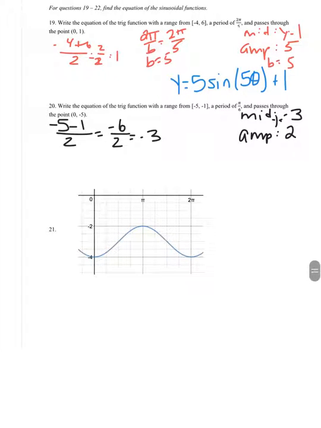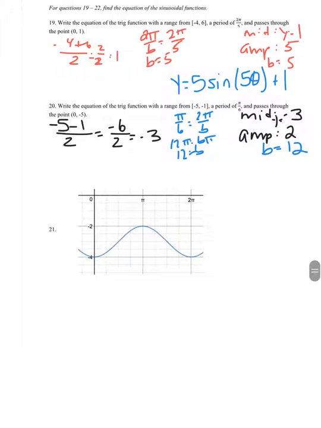And now I need to figure out what my b value is. Because I know that the period is pi over 6 and period is normally 2 pi over b, I cross multiply and I get 12 pi equals b pi. So 12 has to be my b value. So b is 12. And then the last thing, I need to figure out if it's sine or cosine or if it's positive or negative. So here, it passes through the point (0, negative 5).